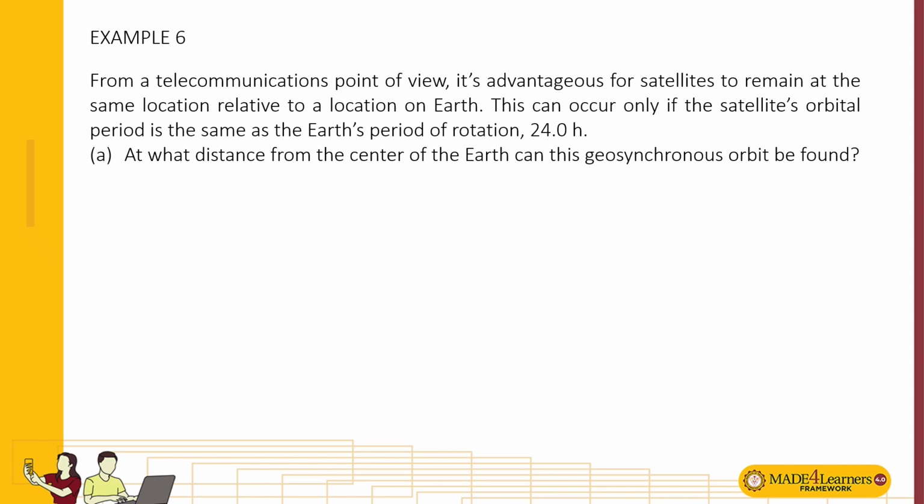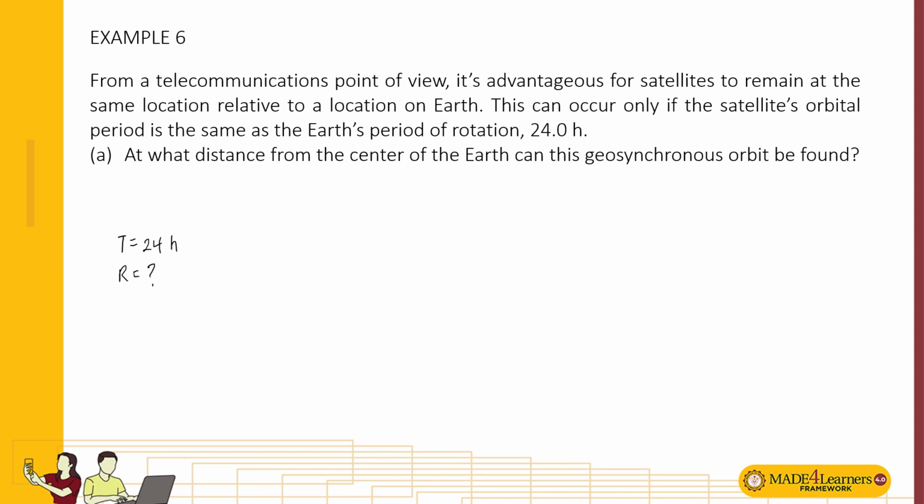So we have the period of rotation, this is the letter T in the formulas. At what distance from the center of the Earth is the orbit found? Meaning it's going to be the value of R.